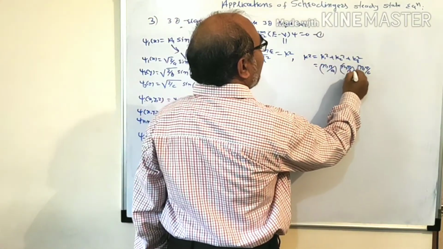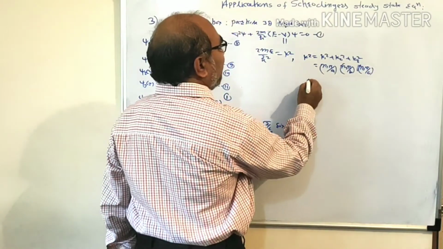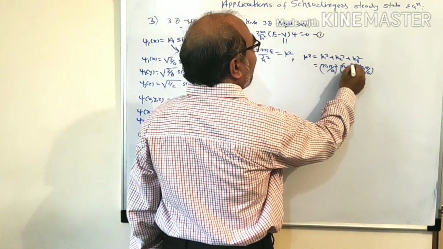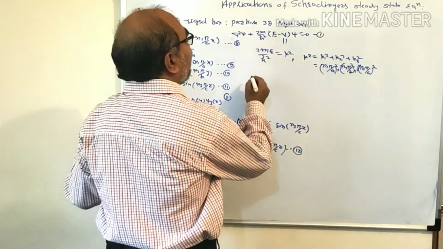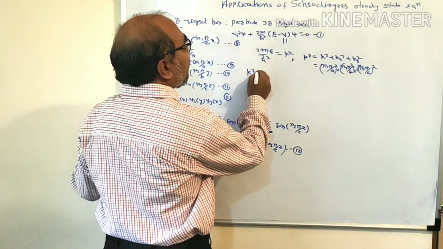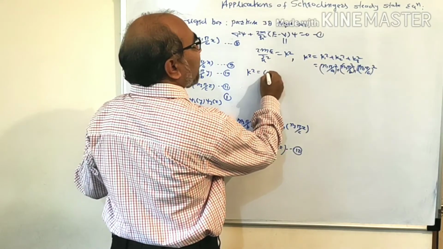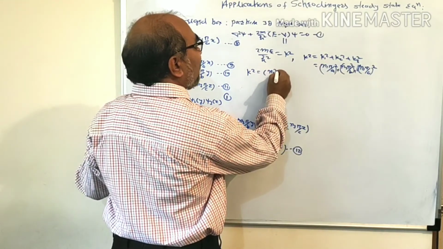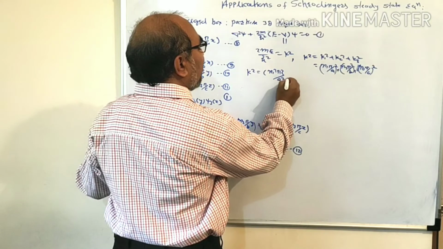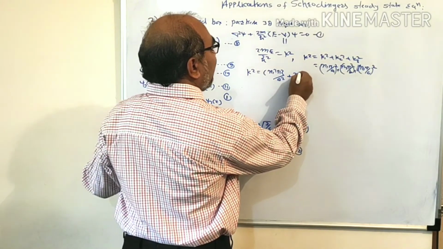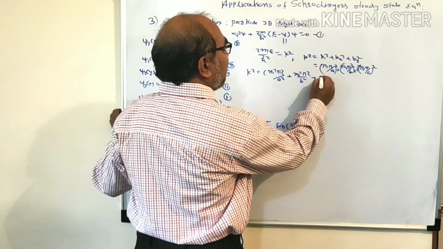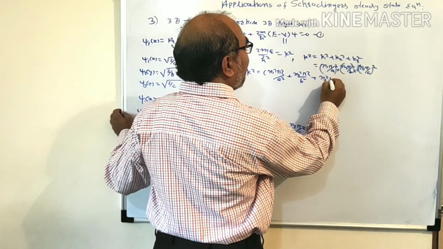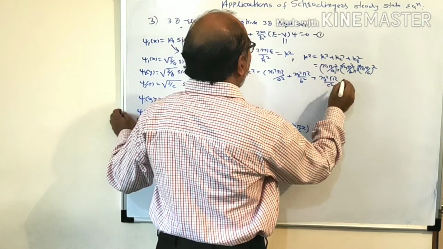the square of these, and therefore k square is equal to n1 square pi square by a square plus n2 square pi square by b square plus n3 square pi square by c square.